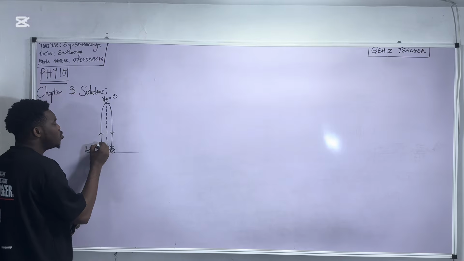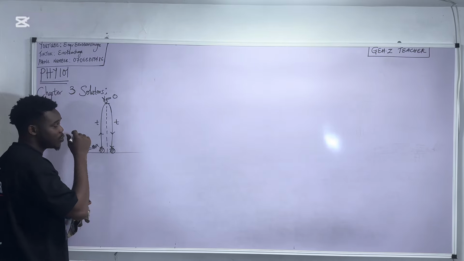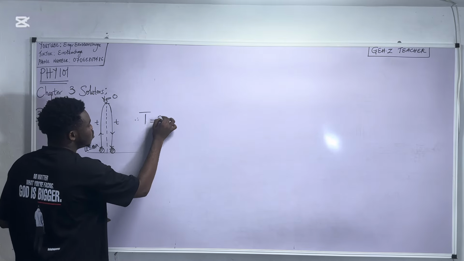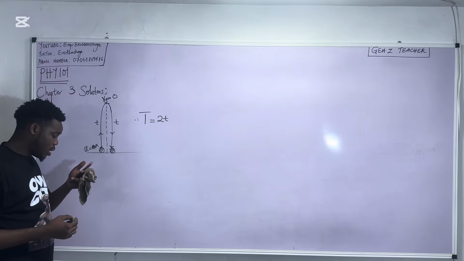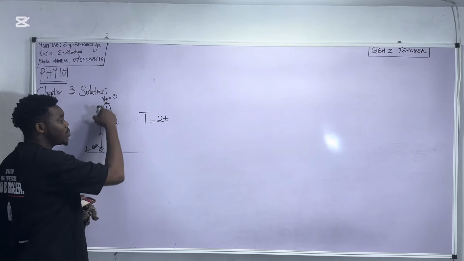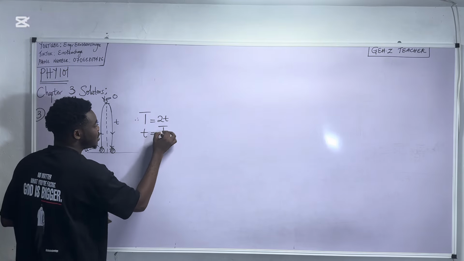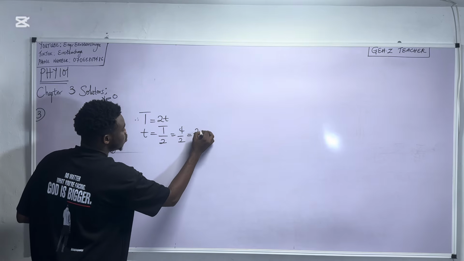So the time to move up and the time to move down will just be t, meaning the total time taken will be 2t. We were given the total time taken as 4 seconds. So we can find the time to reach maximum height, which is small t. So small t becomes big T over 2, 4 over 2, which is 2 seconds.